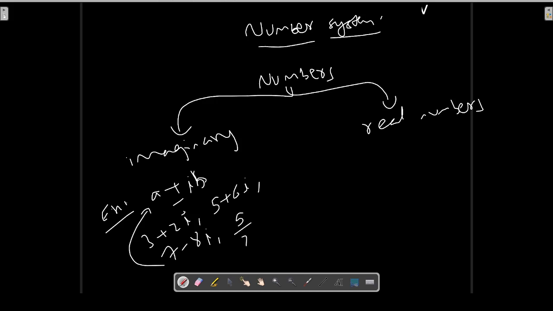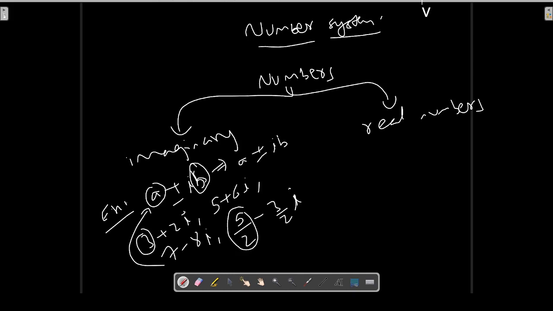Similarly, 5 by 2 minus 3 by 2i is also an imaginary number. See here, a and b can be either an integer or a fraction. It can be anything, but anything that can be written in the format of a plus or minus ib is called an imaginary number.